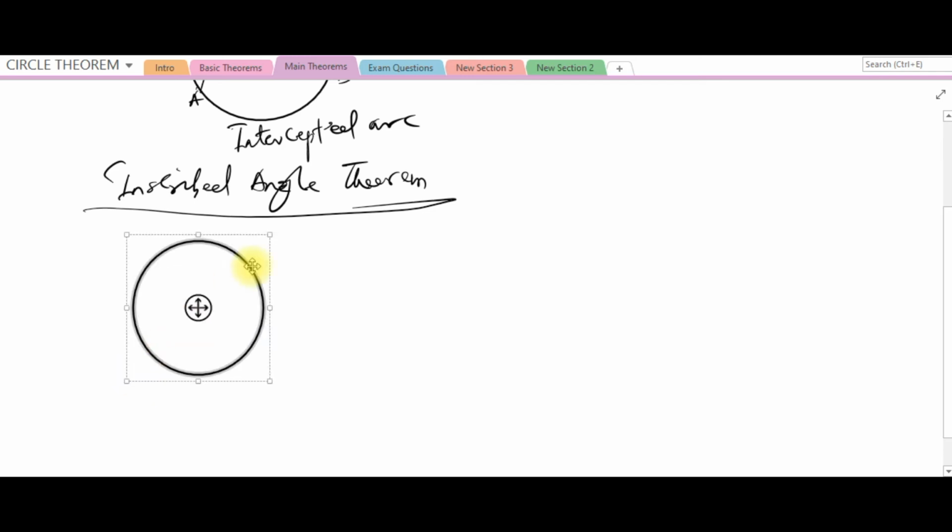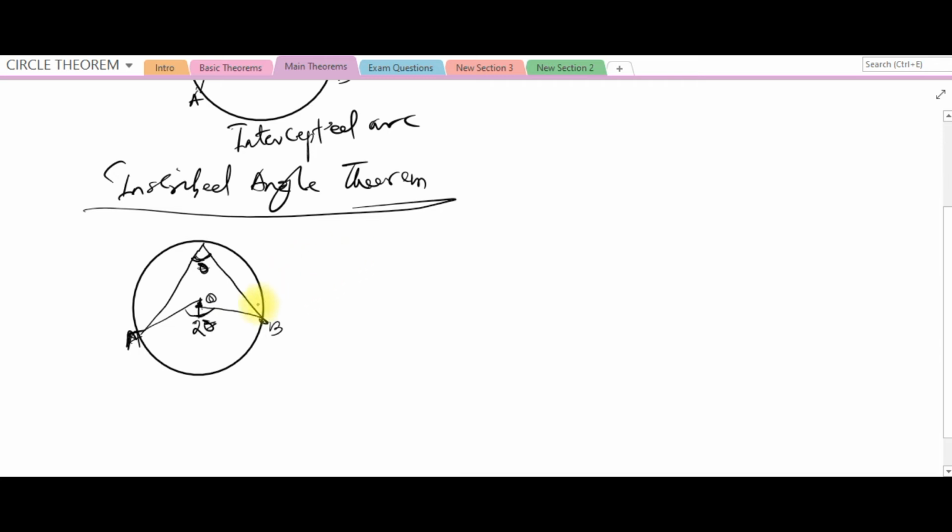So if you have a circle and you have an intercepted arc, it states that the angle formed at the center is twice the inscribed angle. So I'm saying that if this is the center, and the inscribed angle is theta, then the central angle here must be 2 theta.